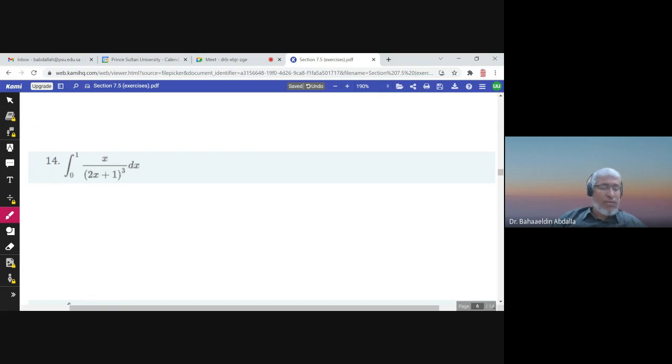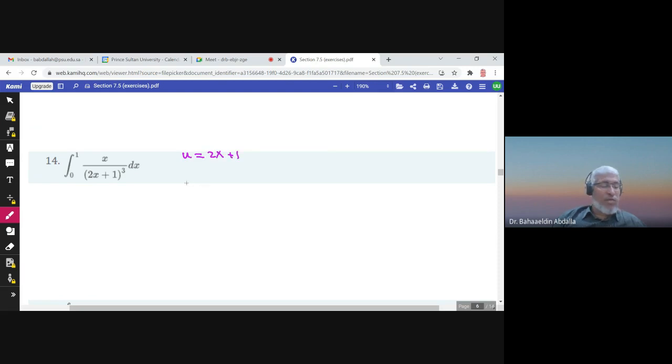Well, here I have x over (2x plus 1) cubed. The derivative of this is 2. It is not this one. I cannot use here section 7.4, rational fractions, because I have only one term, okay? One term. But what can I do is, what if I take 2x plus 1 as u?